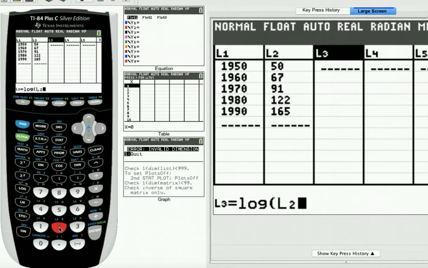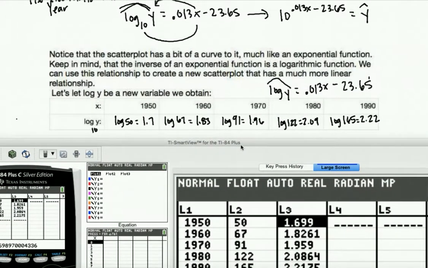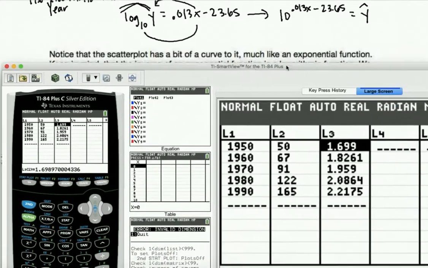Now, the reason we use L2 is because, remember, we logged our y values, and our y values are in L2. So we're going to log our y values, and that's going to give us roughly the same thing that we just calculated when we were working in our table. Like at 1950, my original value was 50. My transformed value was 1.699 or 1.7, right?